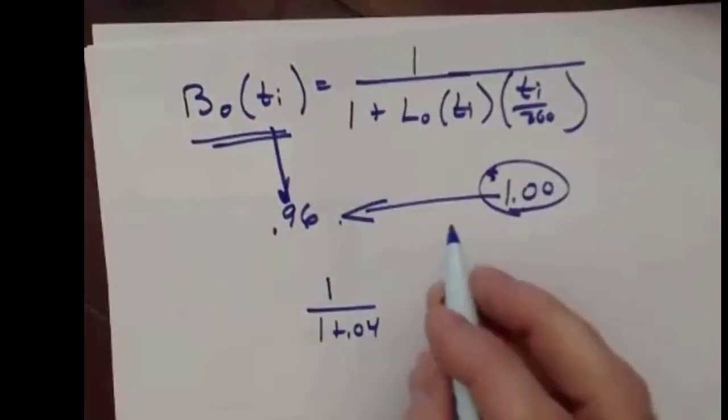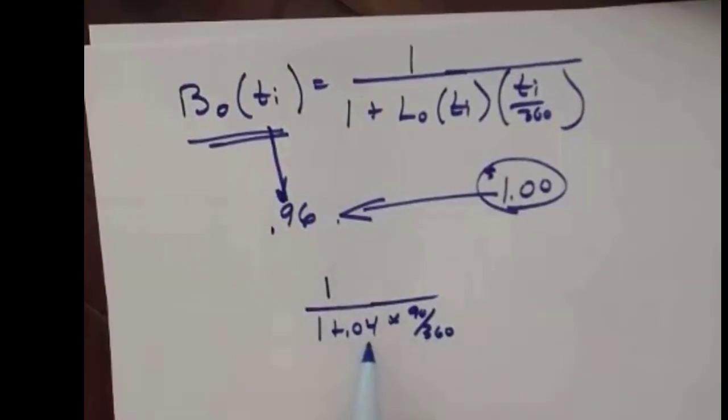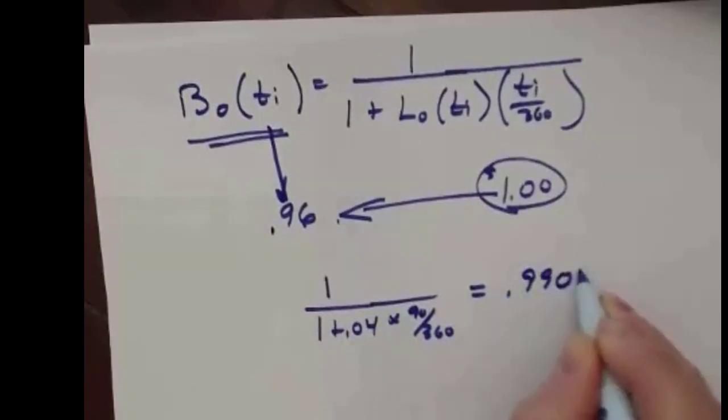And I'm going to adjust it for the fact that it only covers a 90-day period. Okay, so I'm going to adjust that 4%. So that's basically 1% over a quarter of a period is what multiplying that out means. So the discount rate will be 0.9901, the discount factor, I should say, the discount factor.